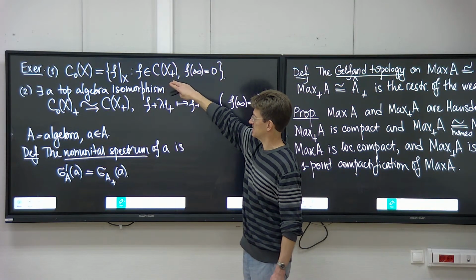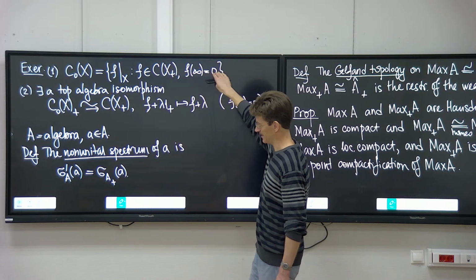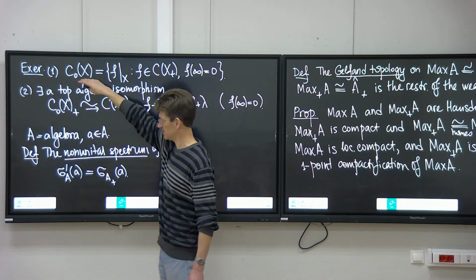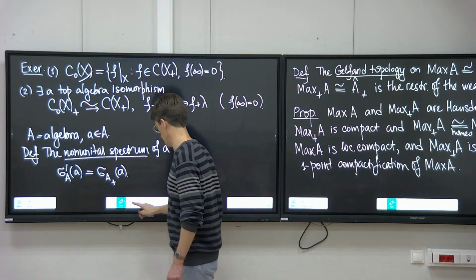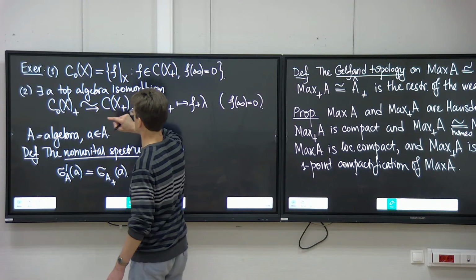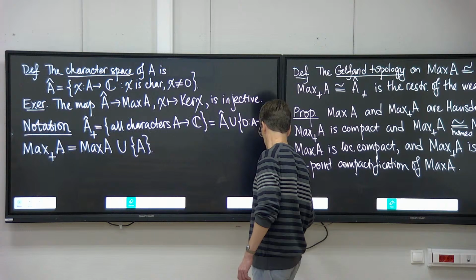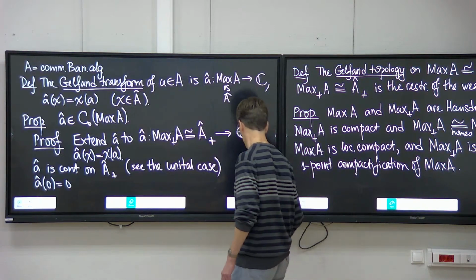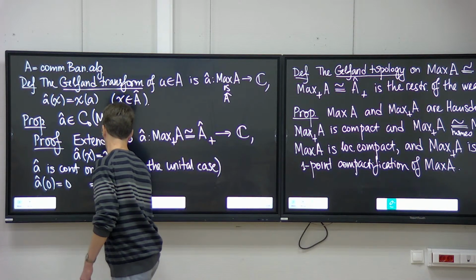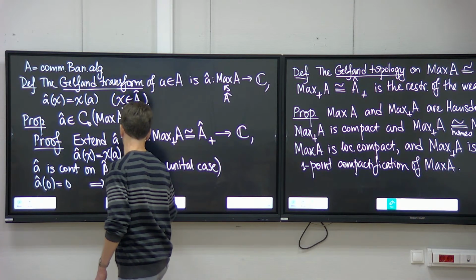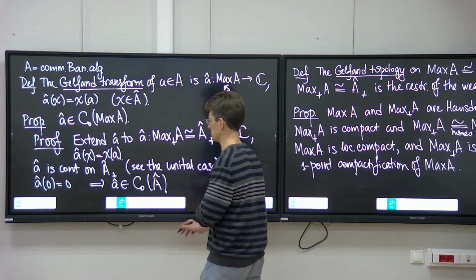So a hat becomes a function on the one-point compactification which vanishes at infinity, literally. And this means that actually this function belongs to C0 on the maximal spectrum. So a hat belongs to C0 on a hat. And this completes the proof.